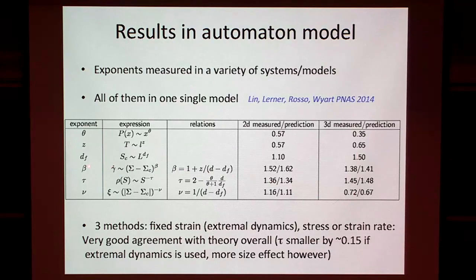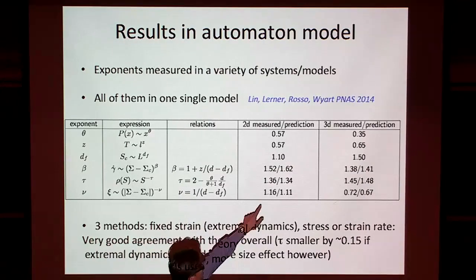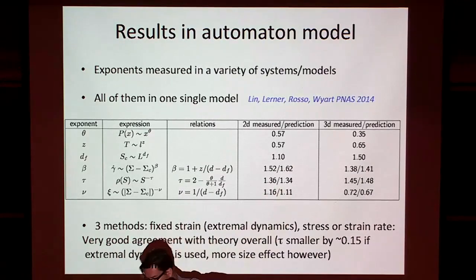And where you can test our prediction are the 3 last exponents that we can express in terms of the first 3. And what we find is that for this simple model, the agreement seems to be excellent. There is some caveat, which is that when we compute tau, we find that depending on the exact protocol that we use, we can get different tau. So here we show the protocol that has the least system size dependence. But for example, if we do extremal dynamics, we have something that's a bit smaller, but that seems to change a lot with n.